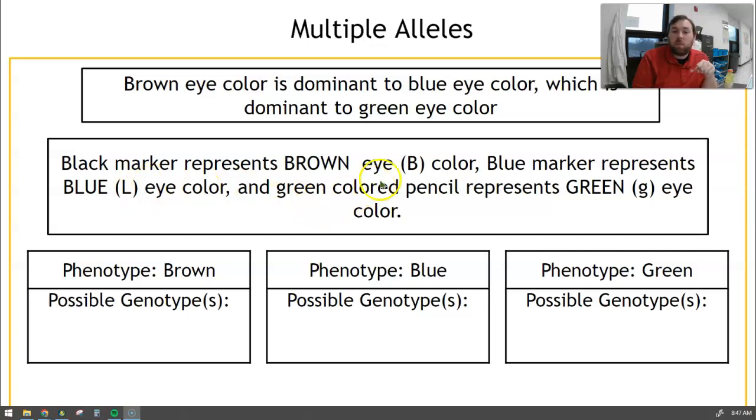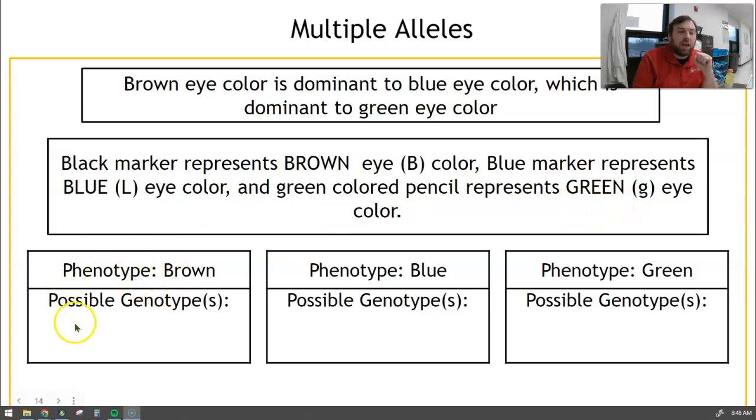We'll just have to remember that the B is stronger than the L because we're using a capital L in there. The green colored pencil that we use will represent green eye color. That'll easily be masked by either of these two markers, of course, and the lowercase g will be our gene, or a specific allele, for that green eye color.